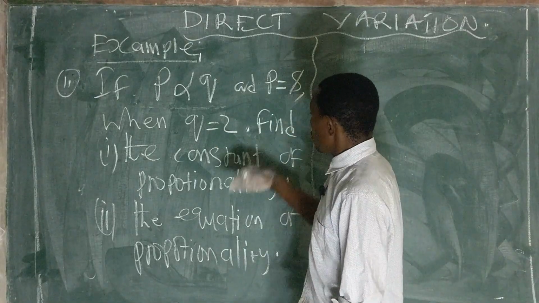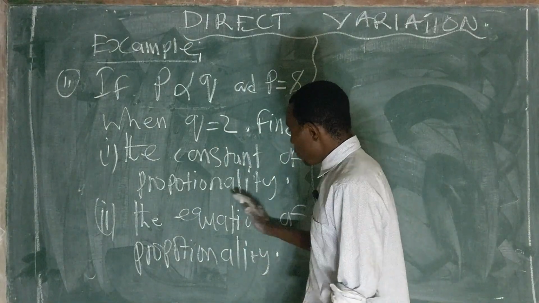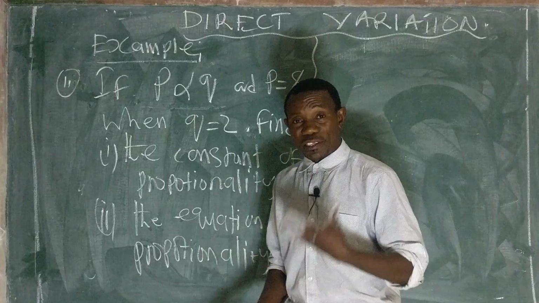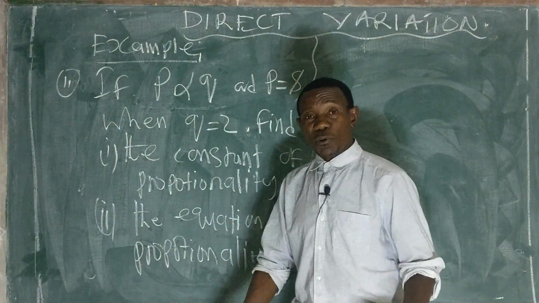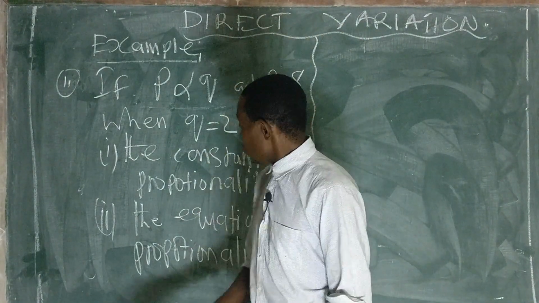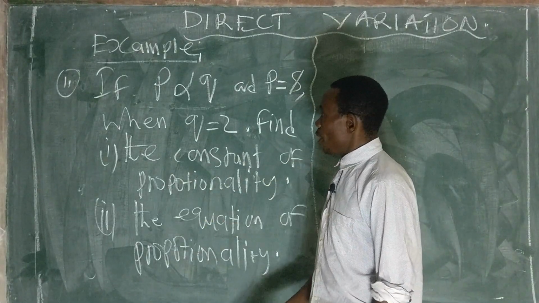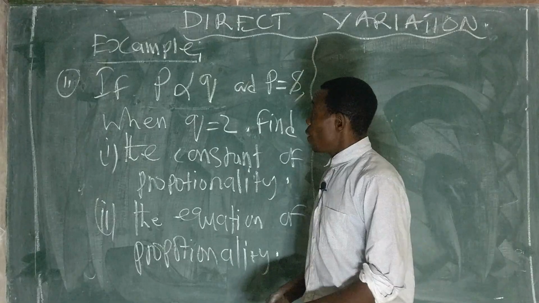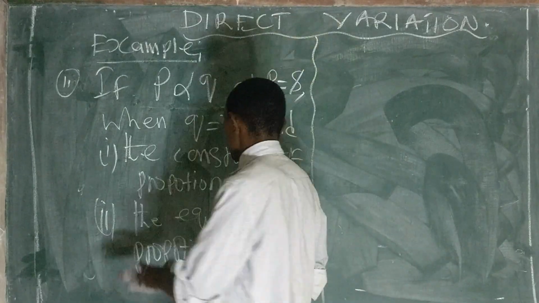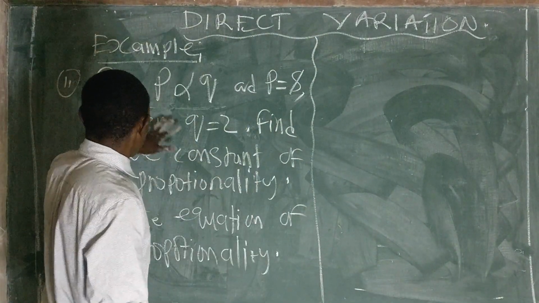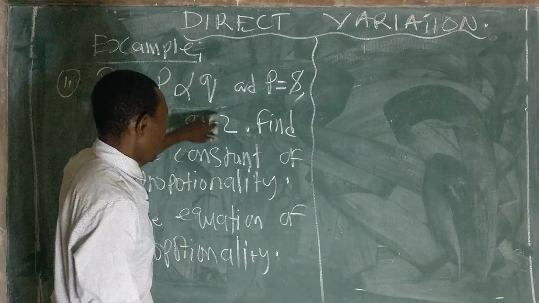Because when P changes, Q also changes. That can only be done by use of a certain equation, and that equation is known as the proportionality equation. So these two situations are very important every time we discuss variation. Now, let us work out the constant where P and Q are changing.